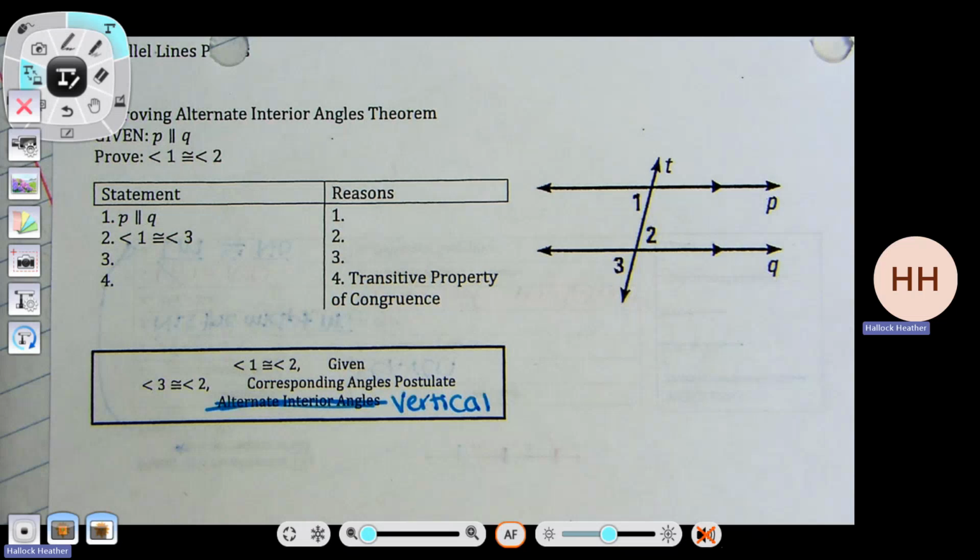They should make sense in your brain. If you don't know the vocabulary, you're going to be completely lost.